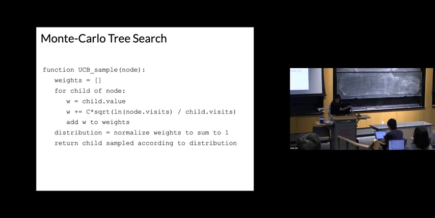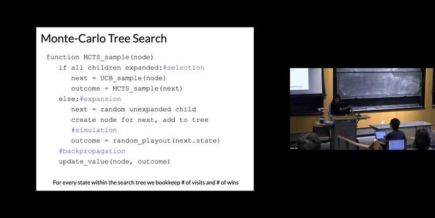So how do I sample with the UCB? Well, that's all it is. You're in a particular state, and for the child, you take the value. This is exactly what the UCB criterion shows. And so this is MCTS sample, the whole pseudocode.